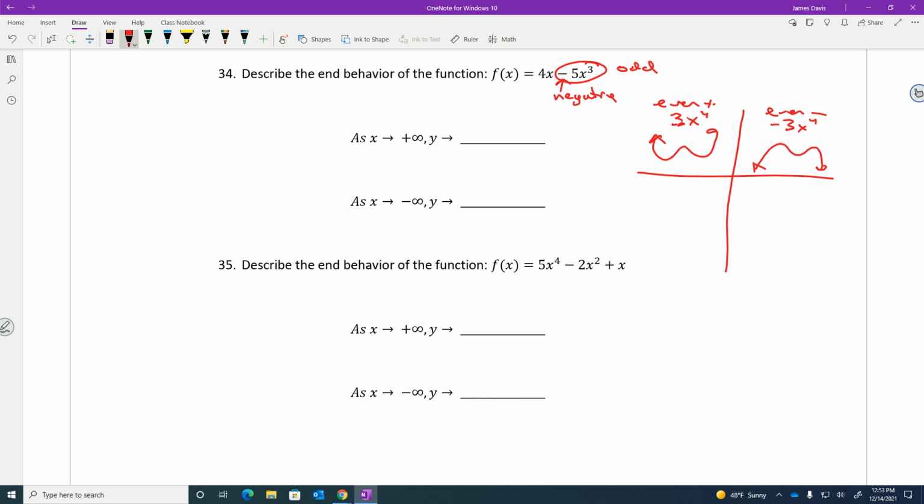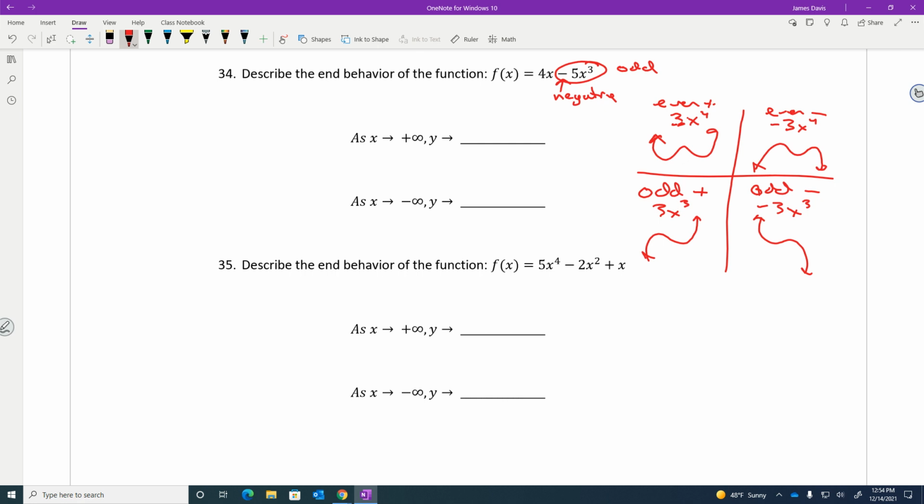You could have an odd positive, something like 3x to the 3rd, which looks like this. Or you could have an odd negative, like negative 3x to the 3rd, like that. Those are your 4 possibilities for end behavior.